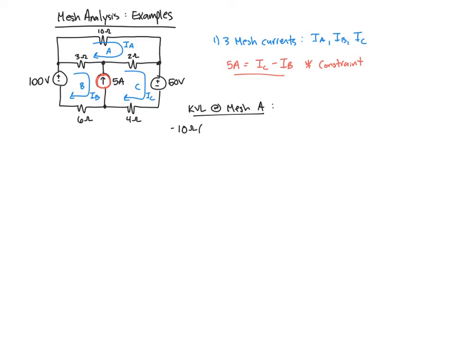It's a negative 10 times the current through the 10 ohm resistor. It's only current, mesh current IA. Then the drop across the 2 ohm resistor, there's two currents going through that one. IA and IC is in the opposite direction, IA minus IC. And then the 3 ohm resistor will be IA minus IB.